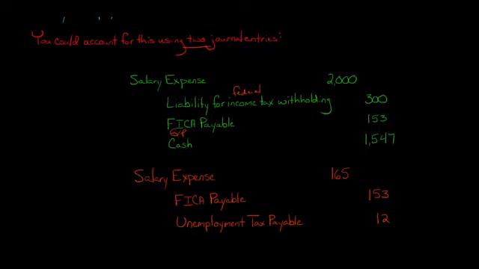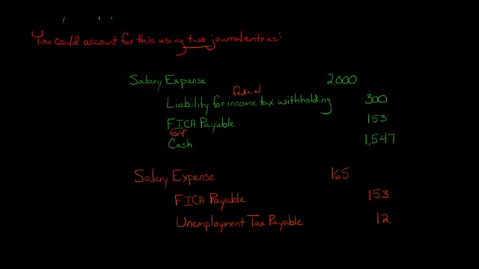The employee has to pay half, but then the employer also pays half. Now, this is where it gets a little complicated: the employer is actually withholding the employee's half. And then they're saying, okay, look, we're not going to give you this 153. We're going to hold it, and then we'll pay it to the government. The employee is paying this, but the employee never even sees it. Okay, so that's the employee's share.